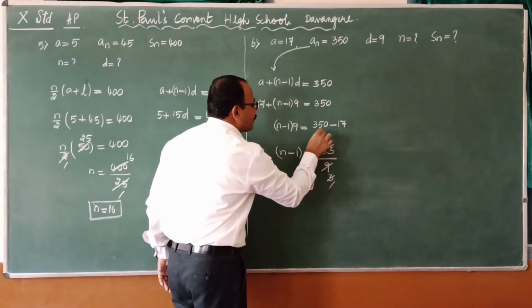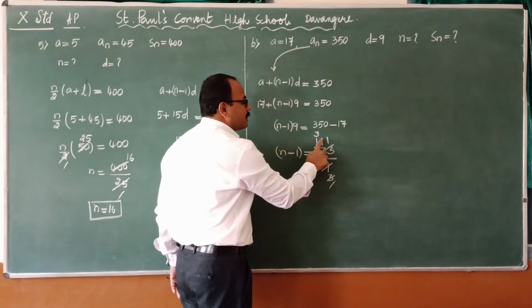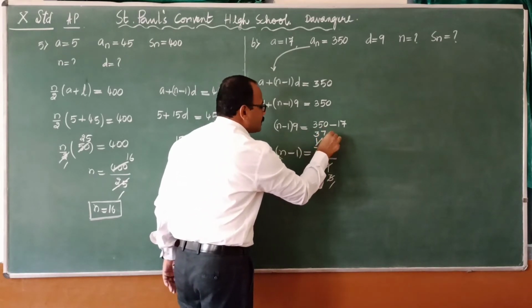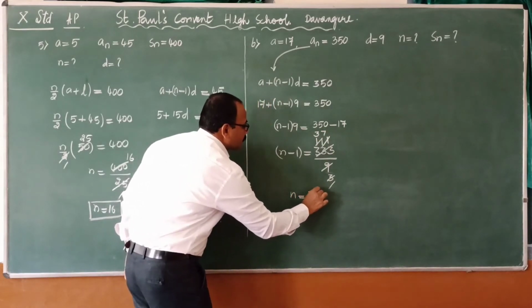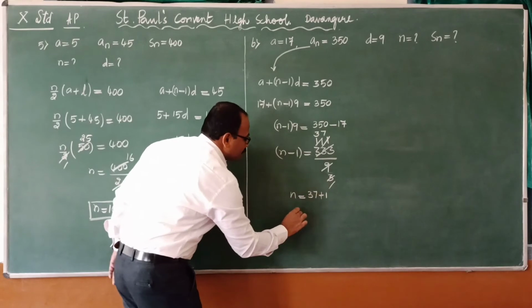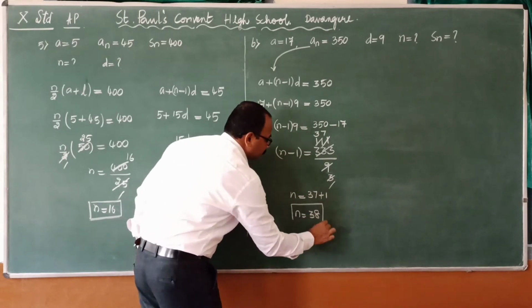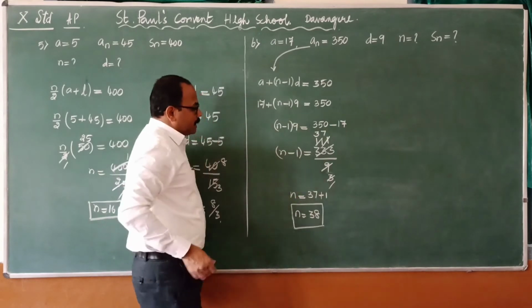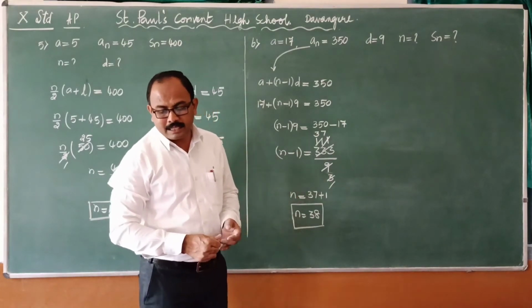So here we have 3 times 3 is 9, and 21 comes extra, 7 times. Therefore, n will be equal to 37 plus 1. n will be equal to 38, children. So here the number of terms is 38.